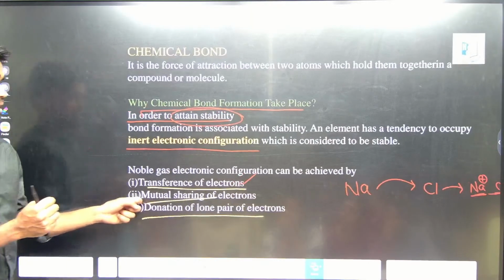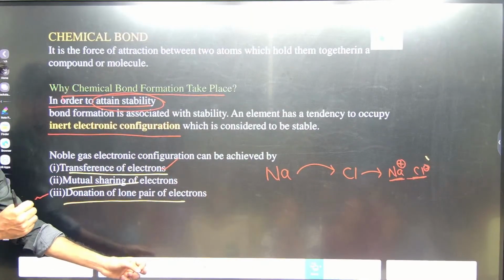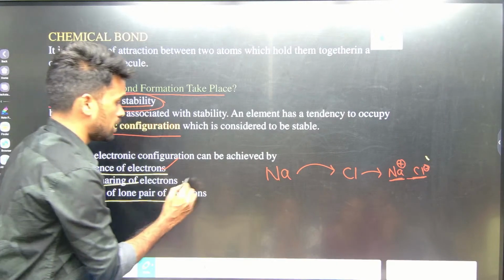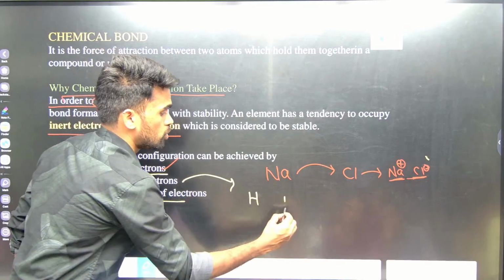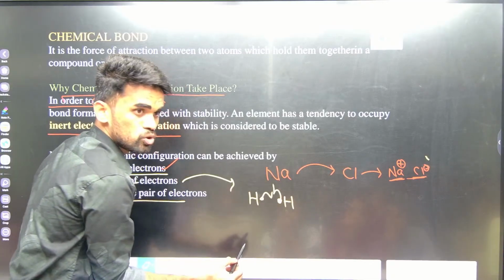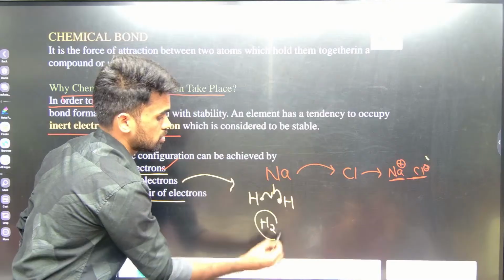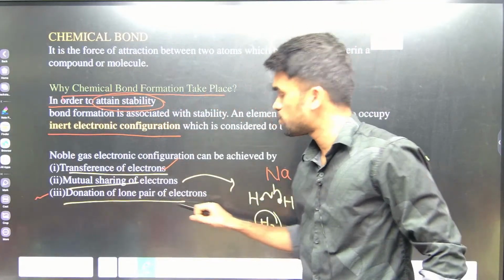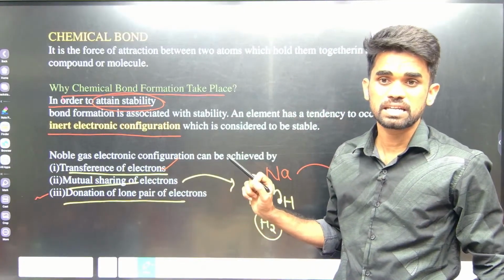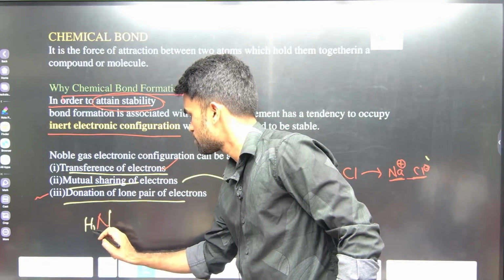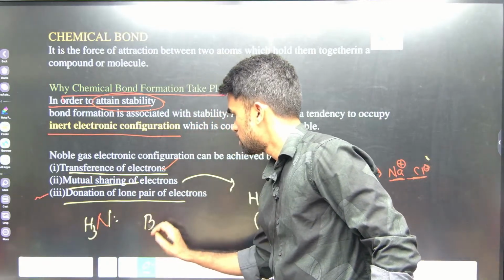Next, mutual sharing, when does it happen? Covalent bond formation cases. If two monovalent atoms are there, they mutually share to form H2. Now donation of lone pair electrons, in which case? Coordinate covalent bond, like ammonia and BCl3.